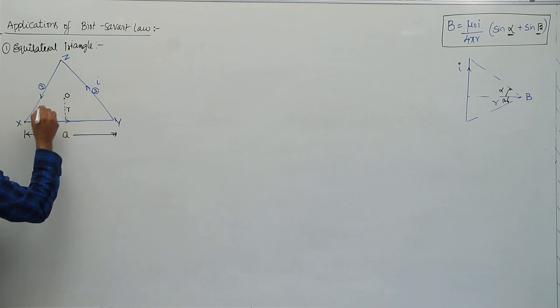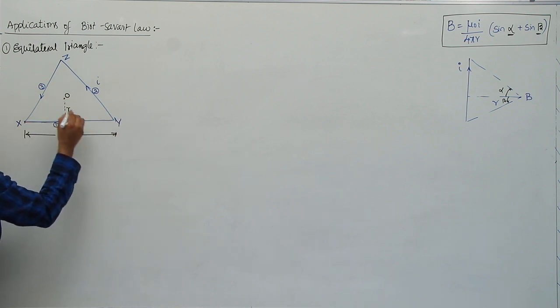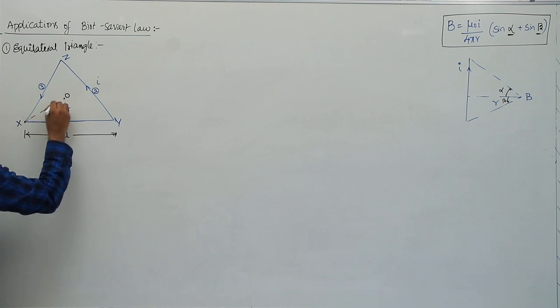If I want to find the magnetic field due to this wire, join this point with both ends.